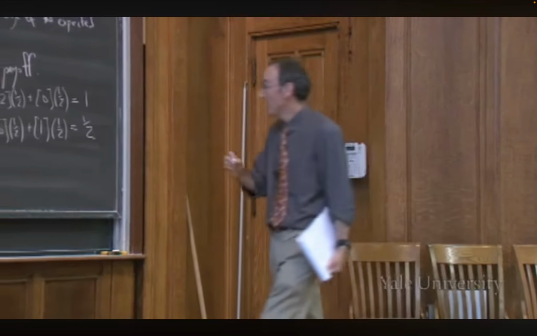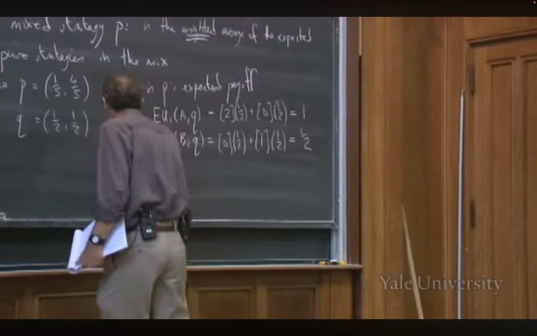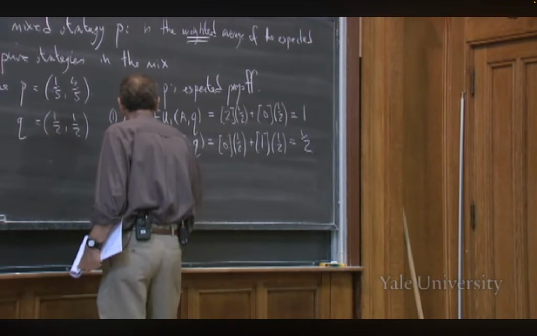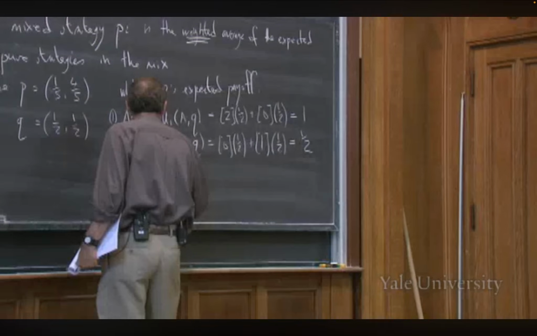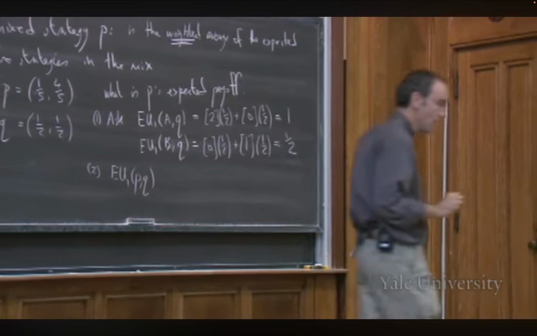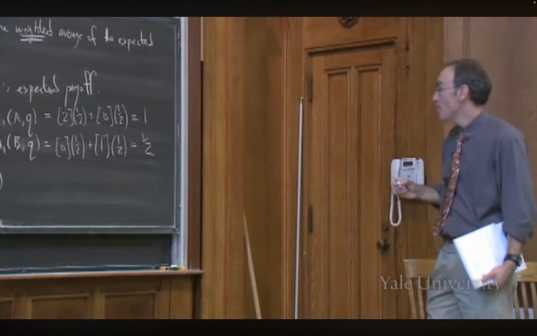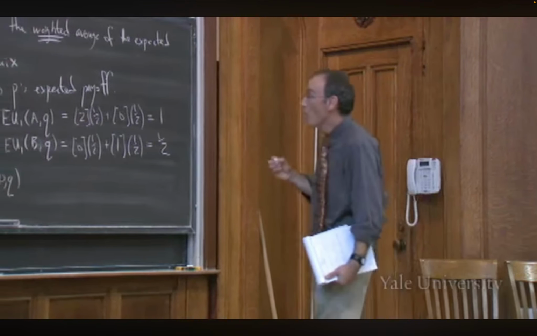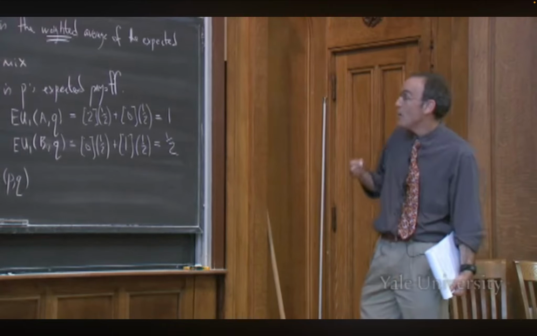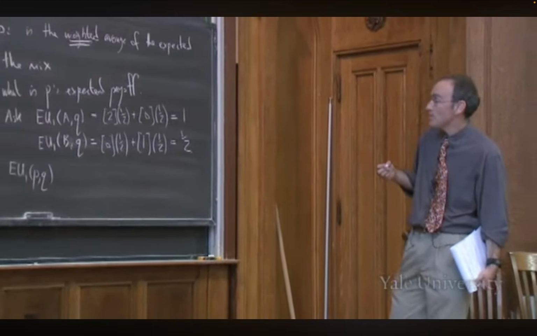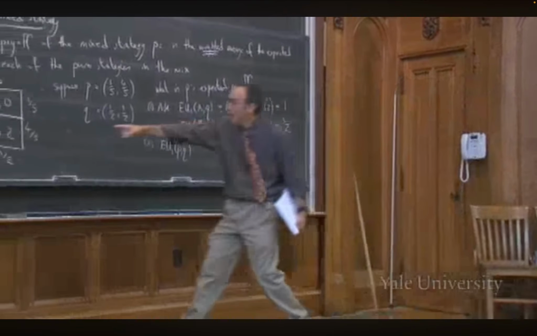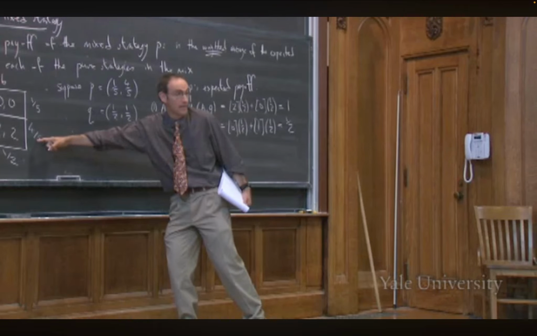That's the first thing I ask, and now to finish the job, I want to figure out the expected payoff for player 1 of using P against Q. That was the question I really wanted to start off with. What's the way to think about this? Well, according to P, 1/5 of the time player 1 is playing A, and 4/5 of the time player 1 is playing B. Is that right?